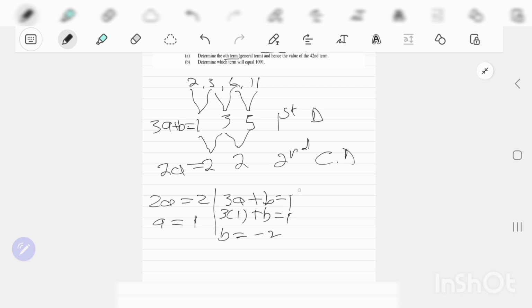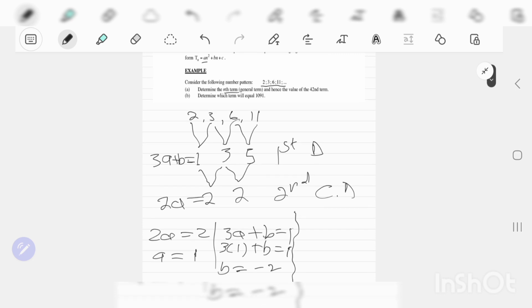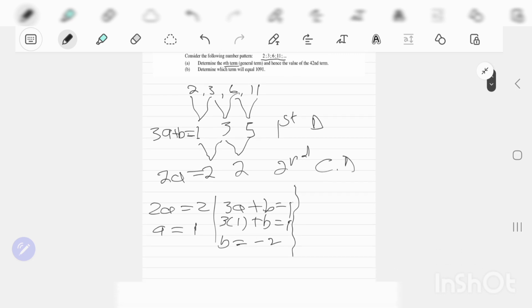Then number 3, we need to find the value of C, which is the last unknown that we need to complete our quadratic general term. So this is what you're going to do.